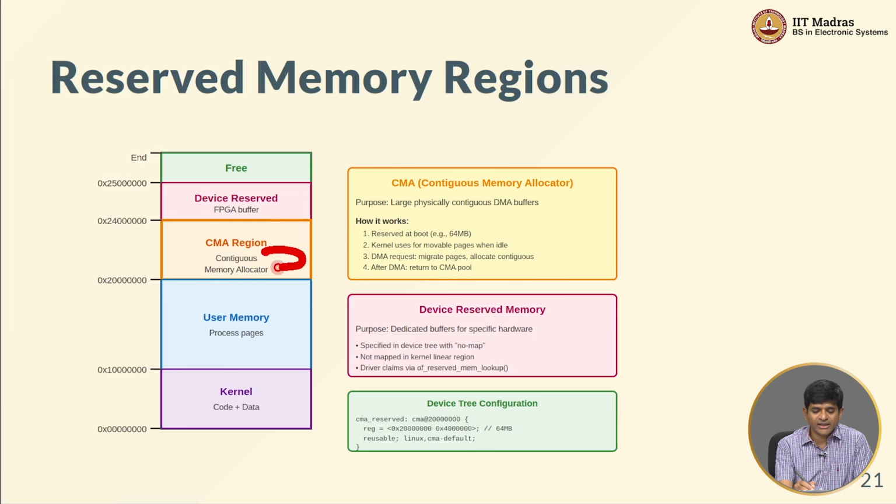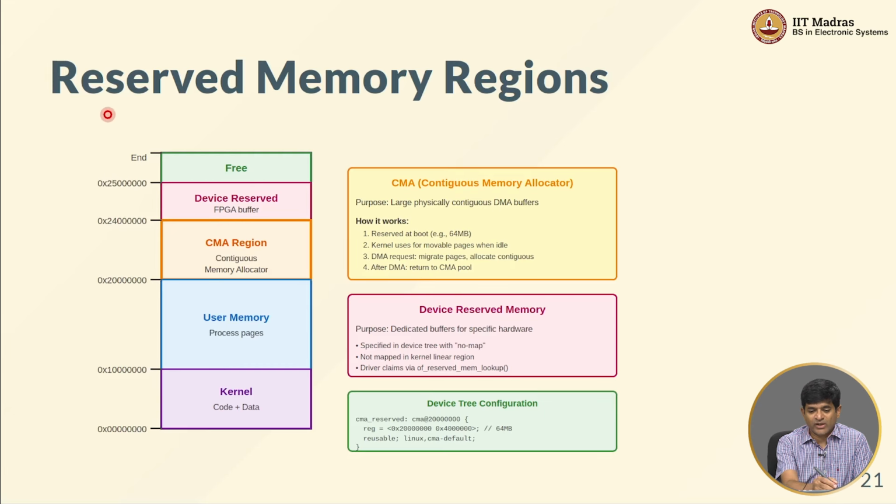It can allocate this, but in such a way that if I need to free it up to get a DMA-capable block, I can take whatever chunk of data was there, move it somewhere else, and then free up an actual contiguous chunk of memory. By doing this, we can guarantee that within the limits of the CMA space I have, the DMA buffers can be allocated in a contiguous manner.